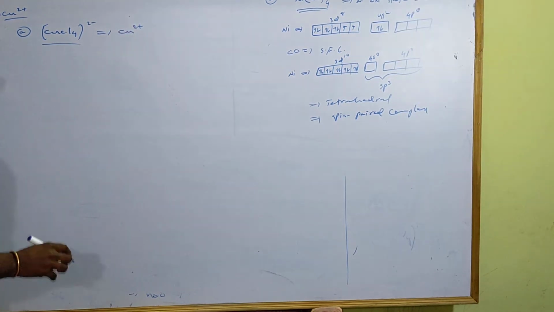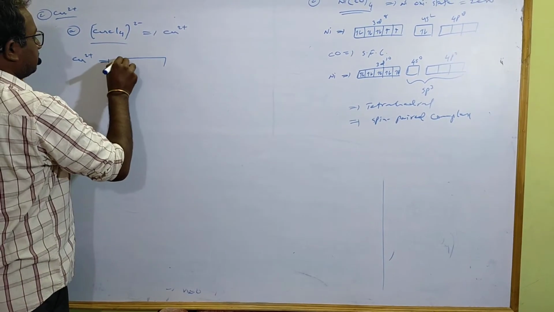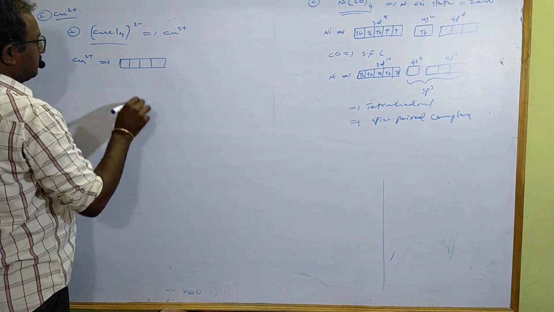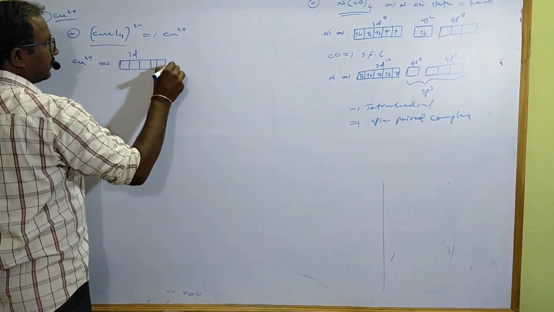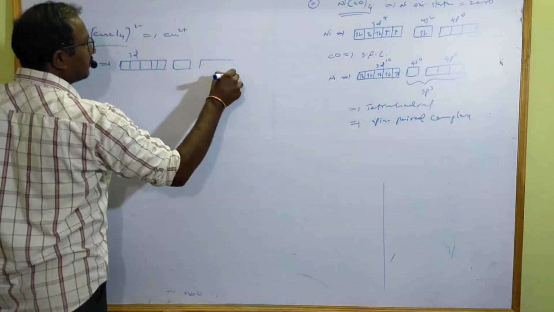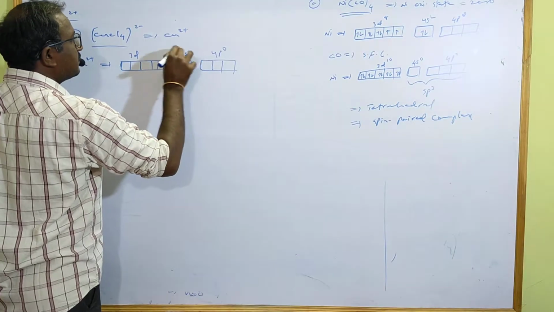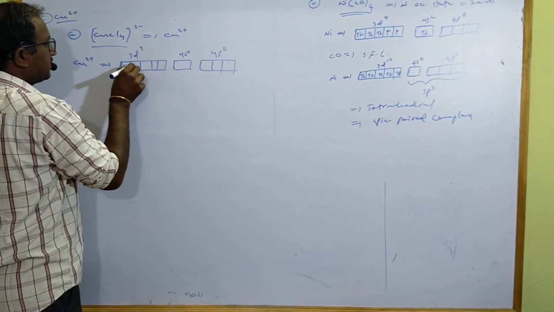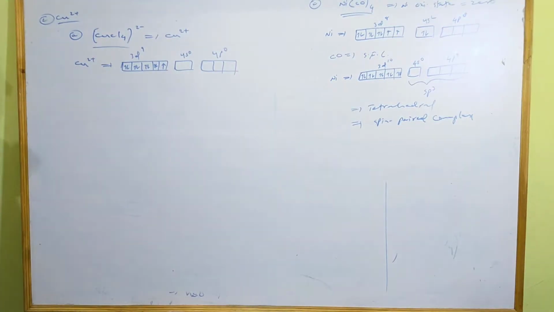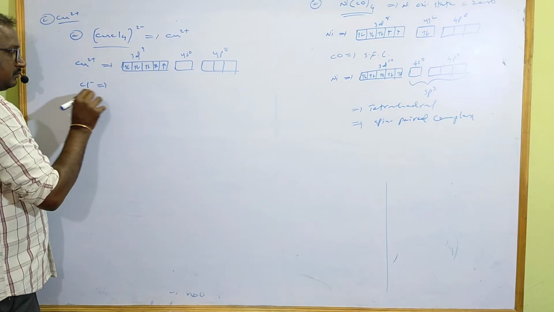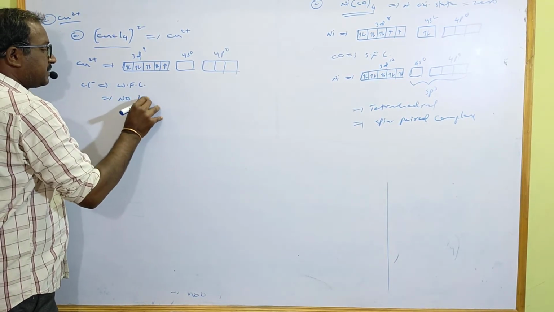Cu2+ configuration, if you see, 3d9, with 4s0 and 4p0, 3d9 will be there as 4 pairs and 1 unpaired electron. Chlorine is a weak field ligand, so no pairing takes place.